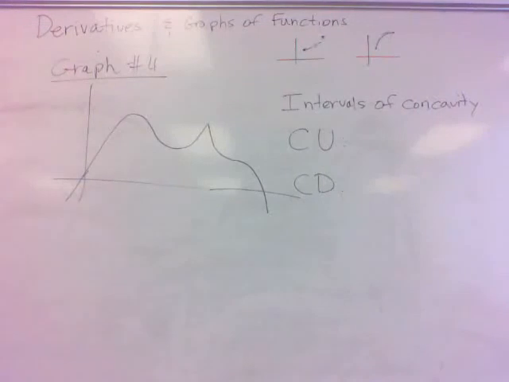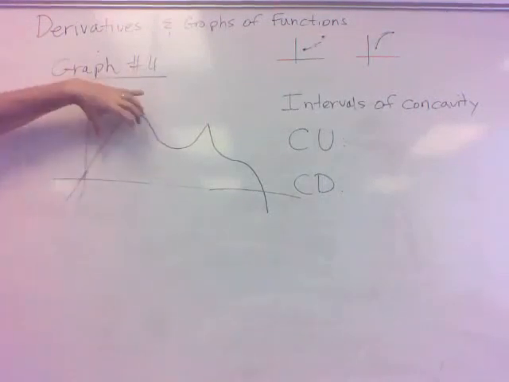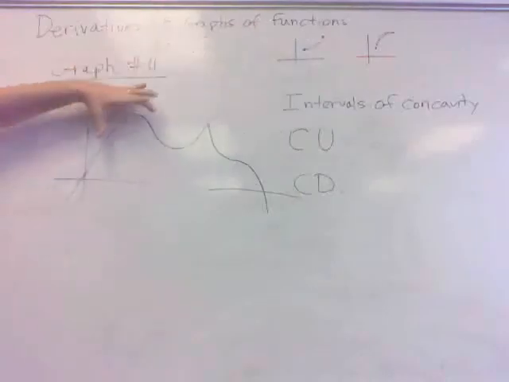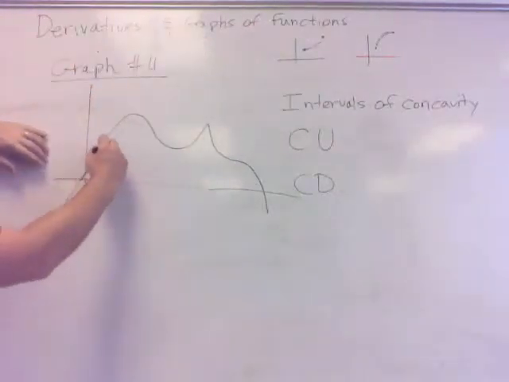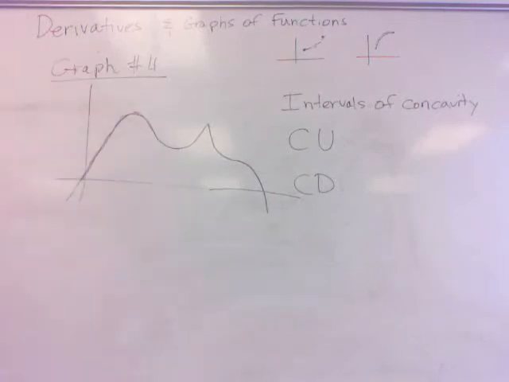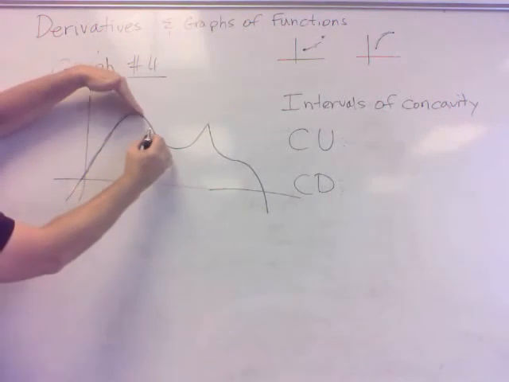Well, like I said, it's a little tricky. What do you see here? Well, that one's obviously bowed down. So that's concave down, bowed downward. So I can see concave down there, and again, the tangent lines are above on concave down. But at some point, these are down, but then it's going to turn around.